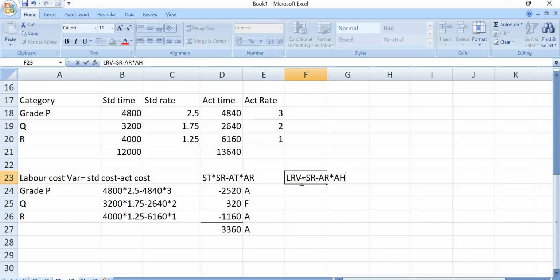No other formula uses actual hours, and no formula is multiplied by actual rate, only here we will be using actual time into actual rate. But apart from this, we are not using it for anything else. Okay. So for grade P, the difference is 2.5 minus my actual rate, that is 3, into actual hours, that is 4,840.